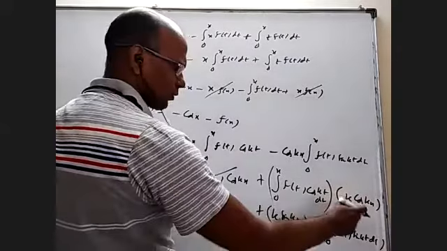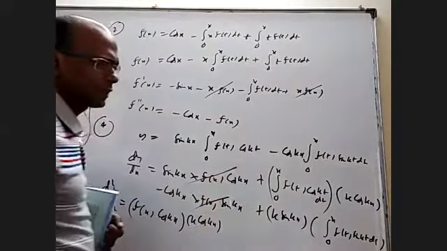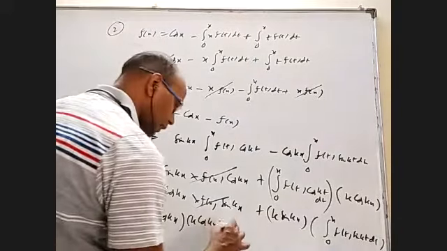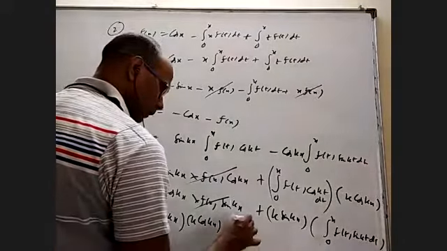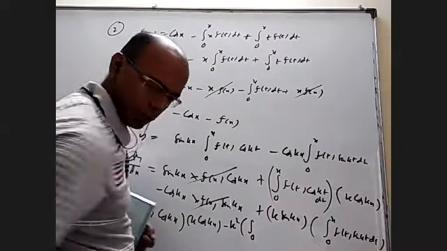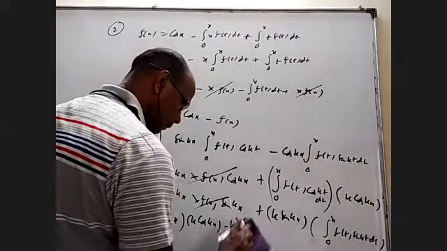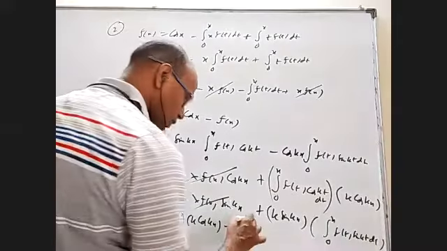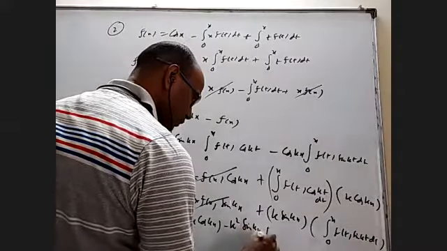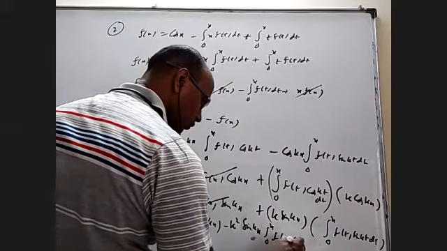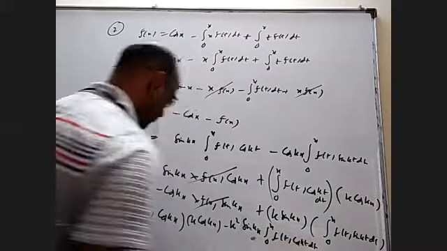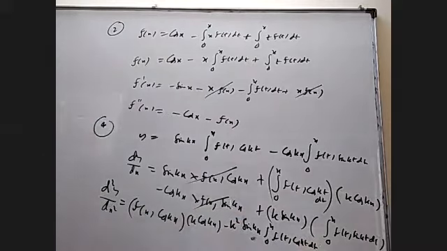When I take this into derivative of this, I am going to get sin kx with a minus, so minus k square sin kx times the integral from 0 to x of f of t cos kt dt. Similarly, for this one, I will be getting k sin kx into f of x sin kx.